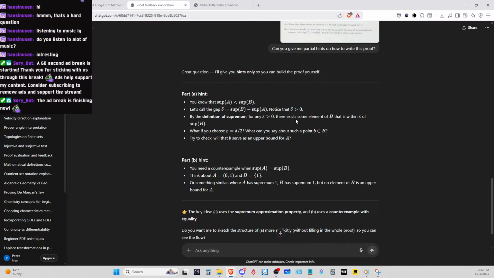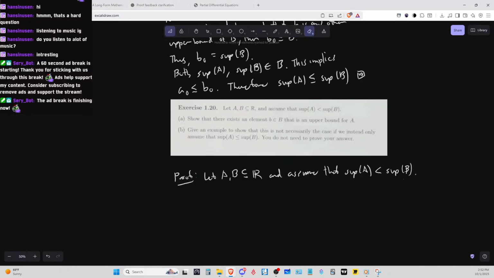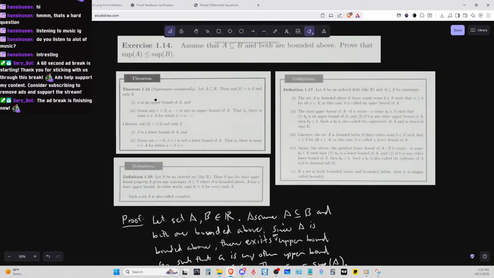Definition of supremum: for any epsilon, there exists some element B within. Okay, so maybe we have to think of this one. I actually wasn't thinking about this one.